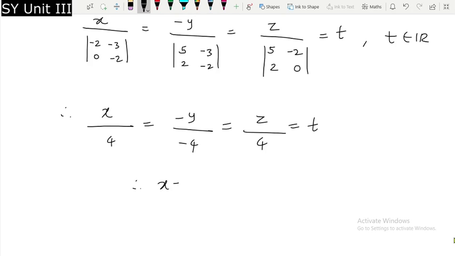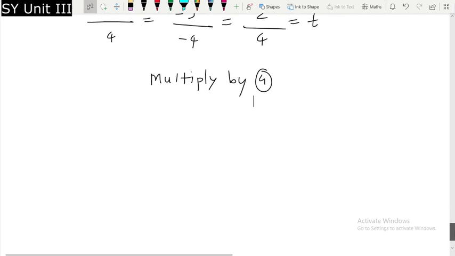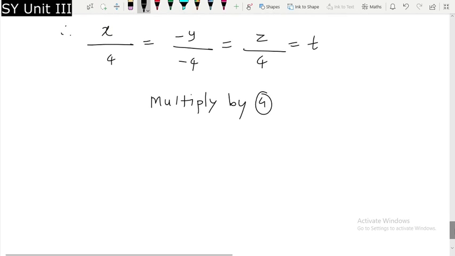Therefore x will be equal to 4t, or you can simply multiply the entire thing by 4. This will also work, because you can see that everywhere 4 is common. Okay, it is not necessary to do it, but if you do it, then it will be better, because that is what your MCQ options generally will contain.